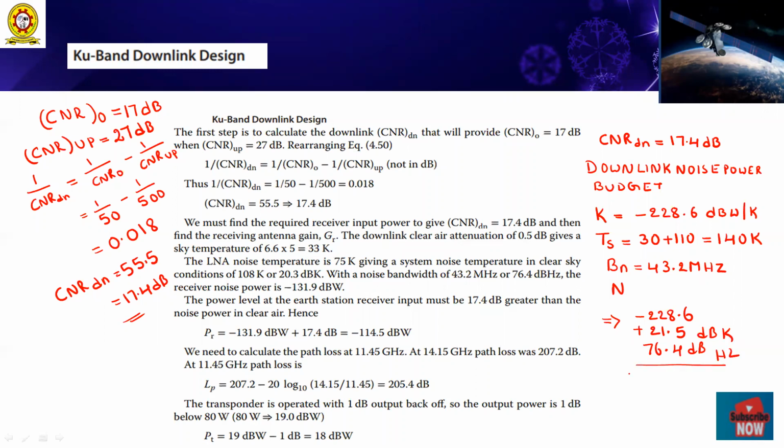In our calculators, one second, that gives minus 130. So check in your calculators. In dBW, this is the transponder noise power, capital N. What is the value here? Capital N, the transponder noise power.